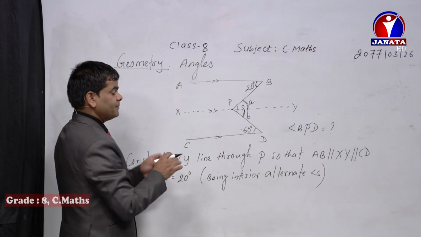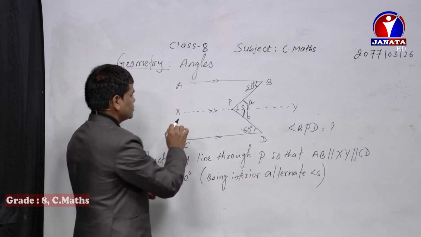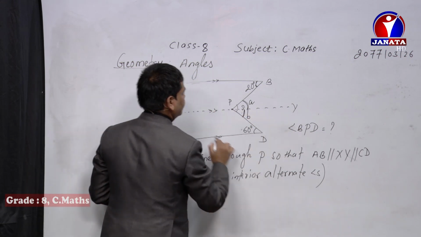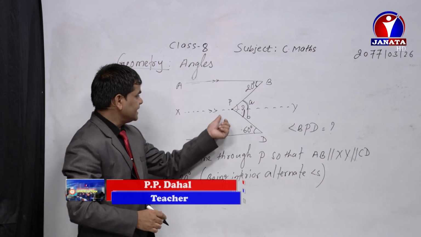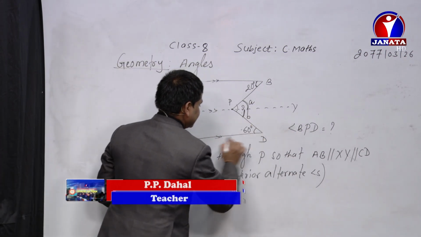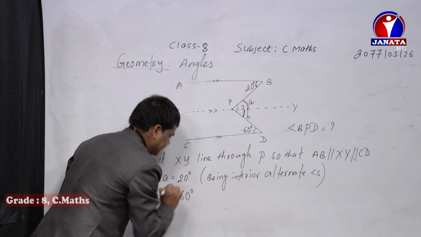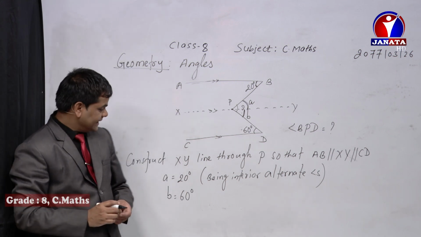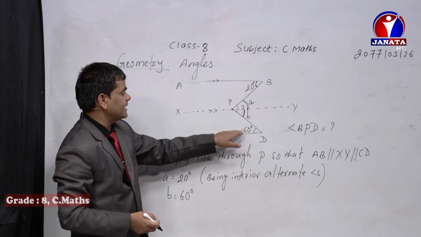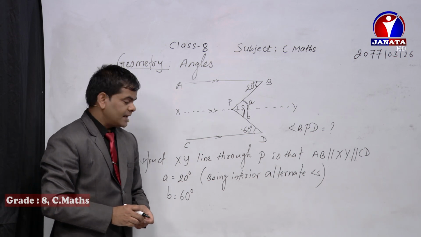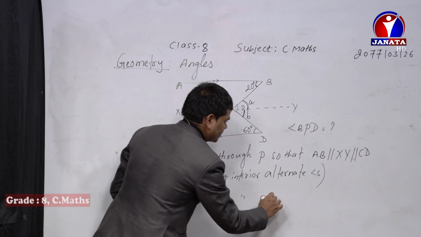Now similarly, dear students, if you see the down half figure, just this figure, rather than looking at the upper parallel line, it is also in the Z shape. It means B equals 60 degree, because they are also interior alternate angles. The relation between B and 60 degree will be equal to each other, being interior alternate angles. So you can copy the same statement, being interior alternate angles.